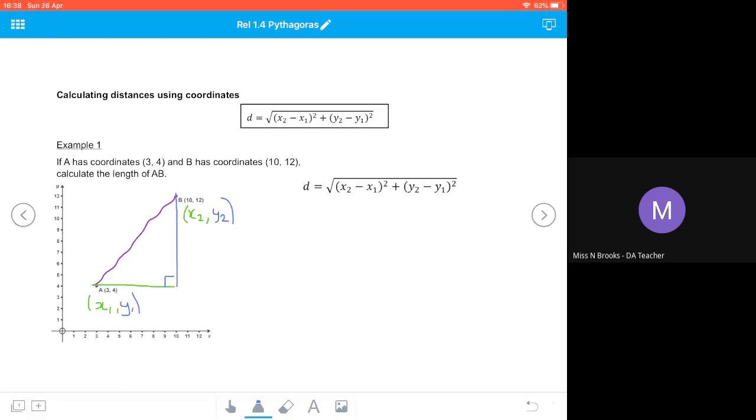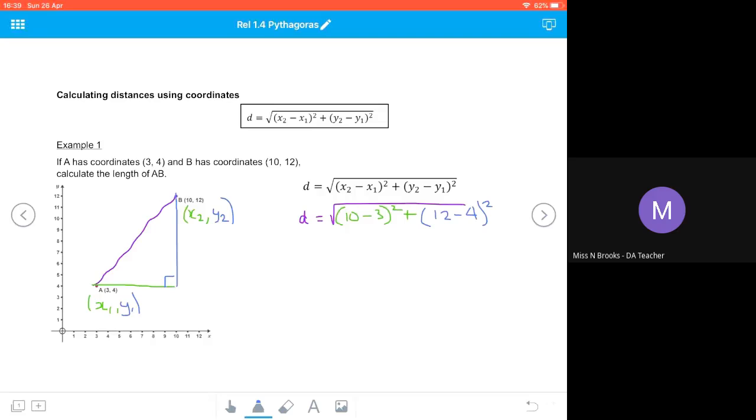So d equals the square root of x2, which is 10, minus x1, which is 3, all squared, plus y2, which is 12, take away 4, all squared.